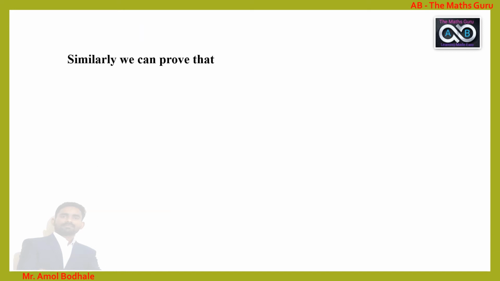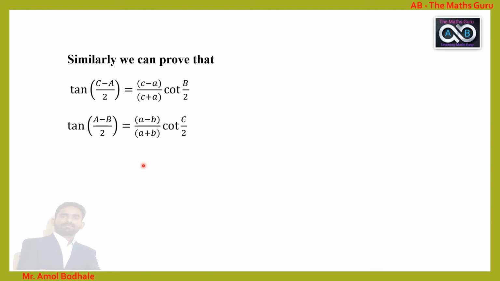Similarly, we can write tan of (C minus A) upon 2 as (C minus A) upon (C plus A) into cot of B by 2, and tan of (A minus B) upon 2 as (A minus B) upon (A plus B) cot of C by 2. In this way we can remember this remark.